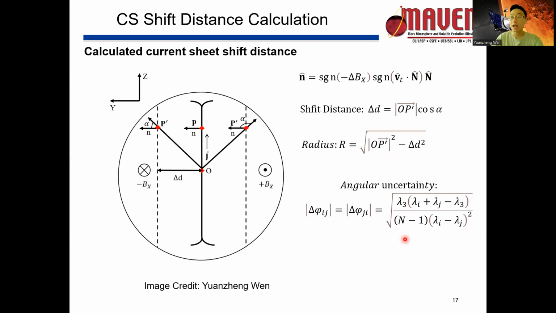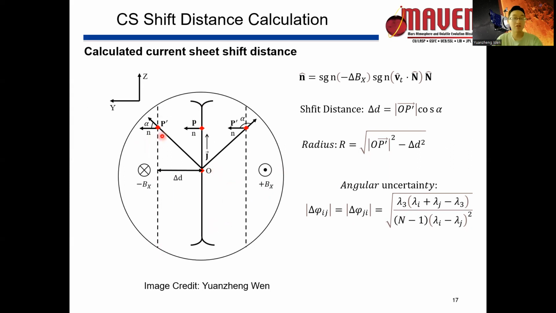And to study the RMF influences, we want to quantitatively analyze the displacement of the current sheet in the magnetotail. We hope to calculate the shift of the current sheet, and the diagram shows how we're going to do that. The bold black line represents the ideal current sheet location, and the dashed black line represents the current sheet crossing observed by MAVEN.